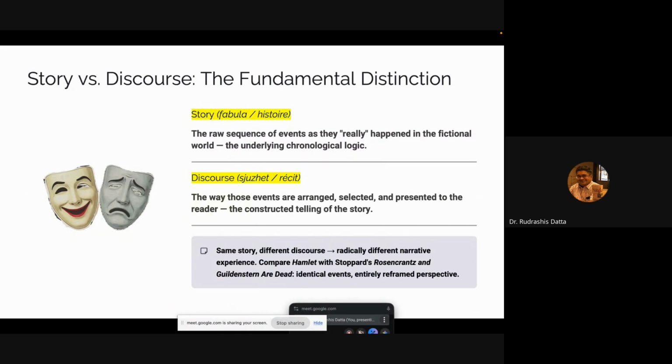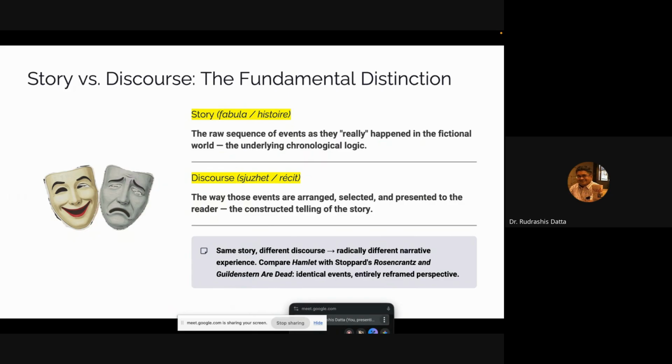That is, when you narrate a story to someone else, you begin with the earliest incident first and then go on progressively as time progresses to later incidents. Okay, this is story. But discourse is something else. It is the way in which the events are arranged, selected, and presented to the reader.